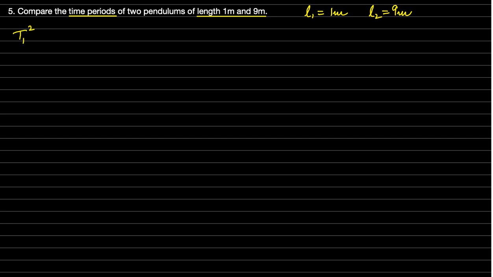T1 square is equal to 4 pi square L1 divided by G, the entire thing divided by T2 square, that happens to be 4 pi square L2 divided by G. Now this is of the form A divided by B, the entire thing divided by C divided by D. So what we do here is A by B into D by C. So we multiply with the reciprocal.